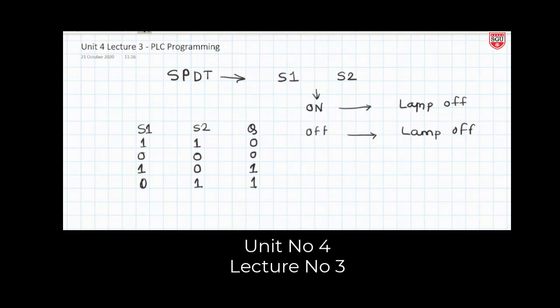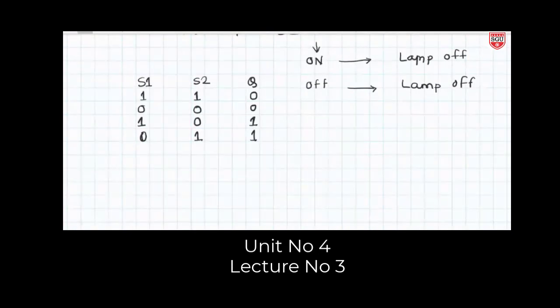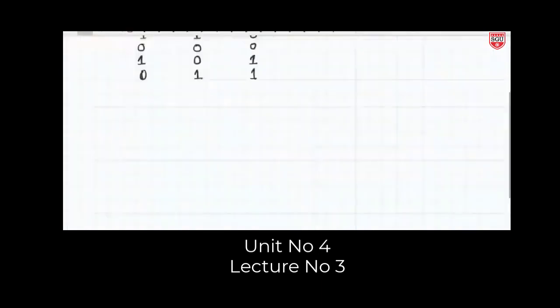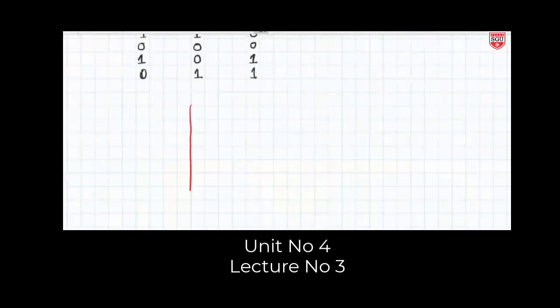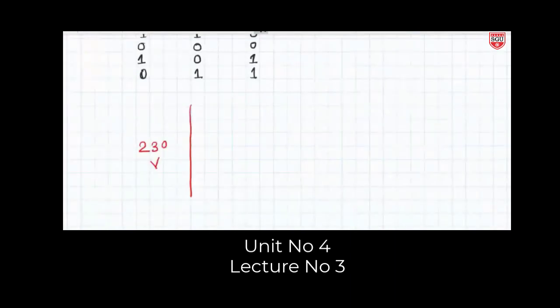So how do we draw the line diagram for this type of SPDT switch arrangement? Let's see that in detail. As we know, we draw a vertical line first to represent the 230 volt AC supply.